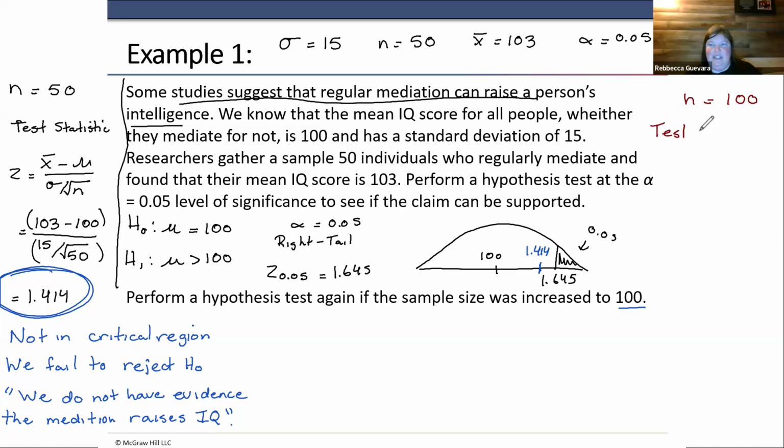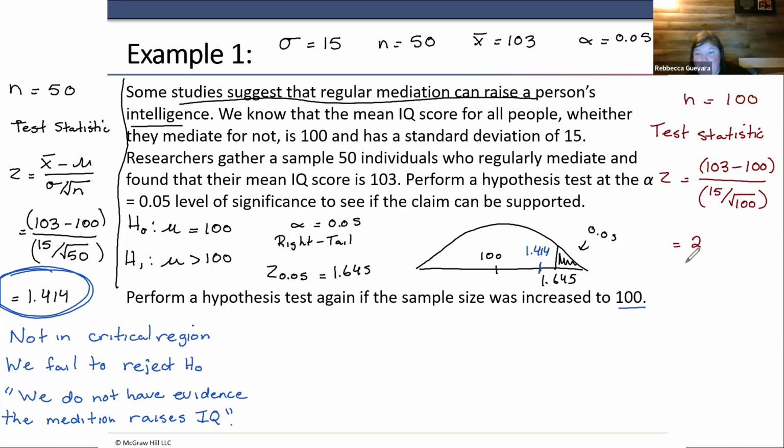I'm finding my test statistic. So I'm finding that z-score. So that's a z-score, once again, of 103, subtract 100, divided by a standard deviation of 15, which is divided by square root of not 50 this time, but 100. So this one comes out exactly to 2.